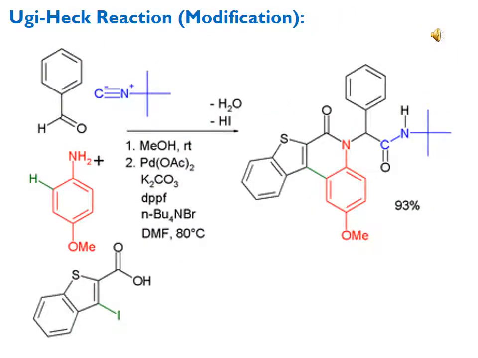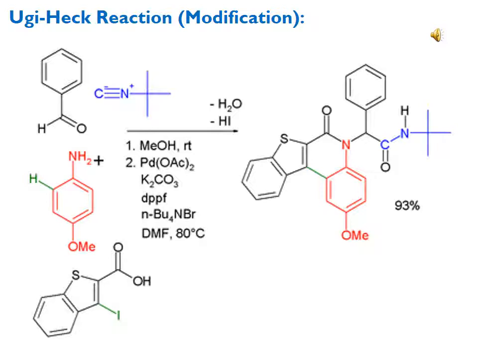Here is the last modification of this reaction, which is termed the Ugi-Heck reaction. The reacting species are similar to those used for the Ugi reaction, that is amine, isocyanide, aldehyde, and carboxylic acid.